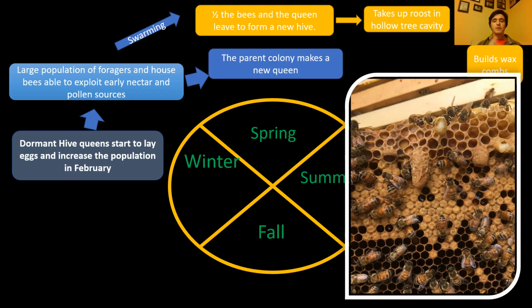And so with a person's one or two colonies, you really want to know that swarming is so instinctual of the bee. That is their reproduction measure. That is what they want to do.